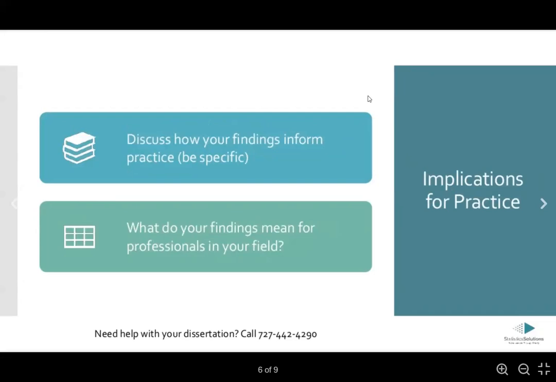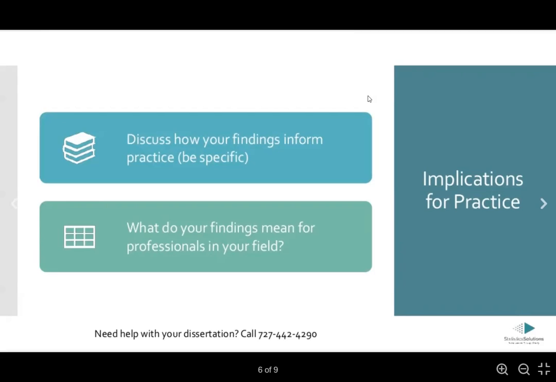Now, the next two slides are meant to talk about why your findings are important. In the beginning, you explained what your findings are, and now you're really going to talk about what that means in the real world. So in the implications for practice, you will want to talk about how your findings inform the particular population that you're talking about.